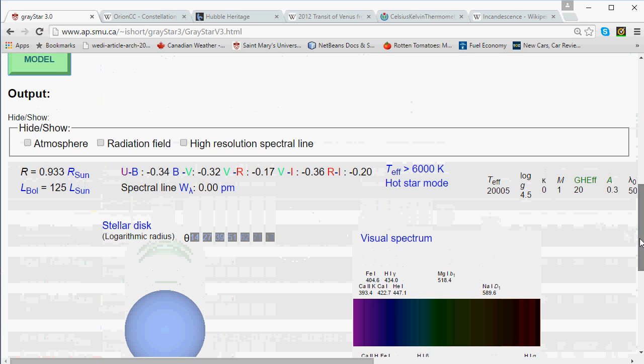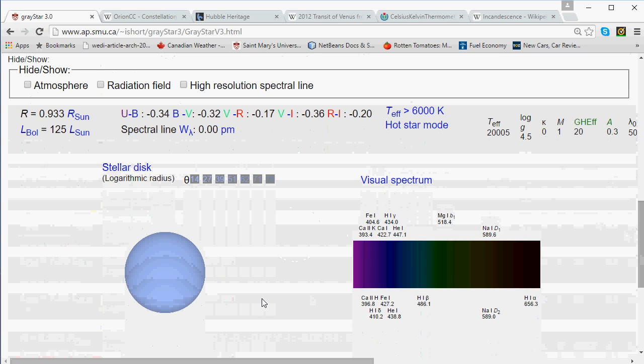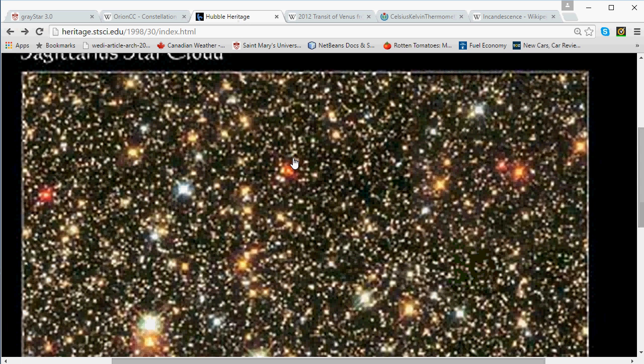And you can see what happens. The color of the star turns distinctly blue. So at 20,000 Kelvin, we are now modeling a star that looks something like one of these blue-white stars. Okay, and a famous star from our night sky that's bright, that has this blue-white color, is Regulus in the constellation Leo.